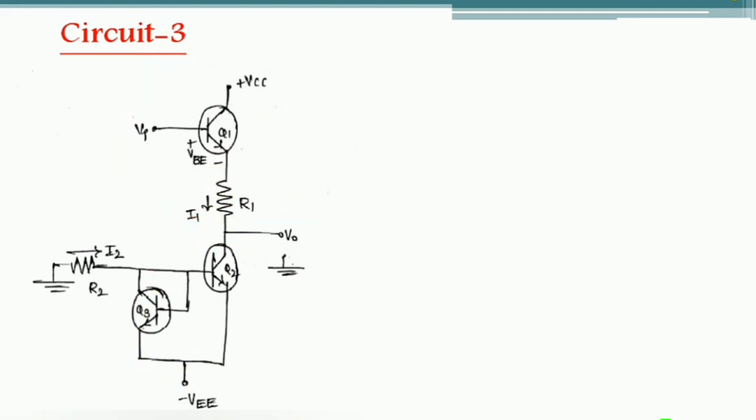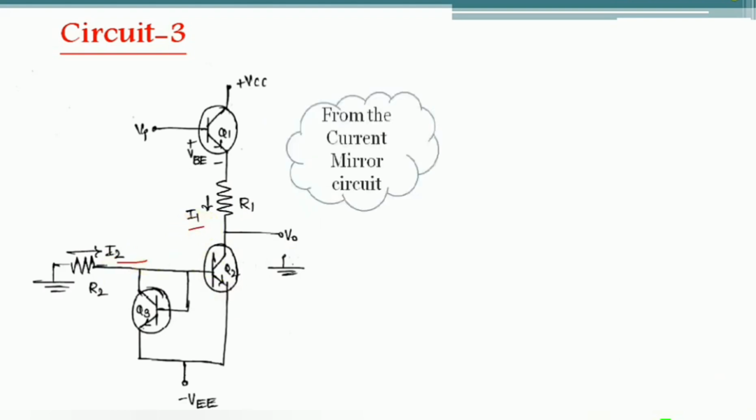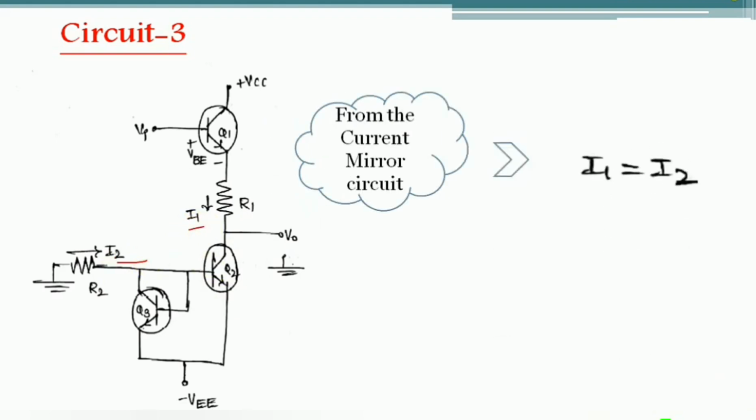From the basic definition of the current mirror circuit, we know that the currents at the output are the same, meaning the current I1 and the current I2 are the same. From the design of a current mirror circuit, we know the value of current I2.